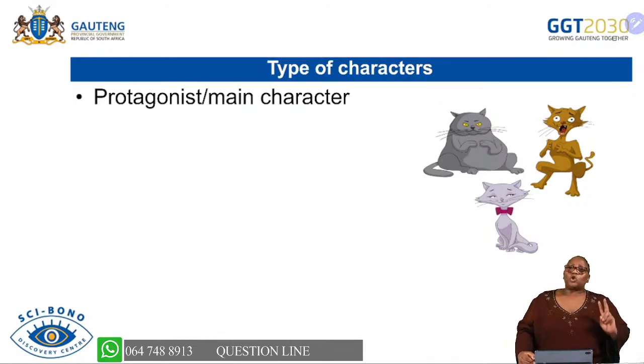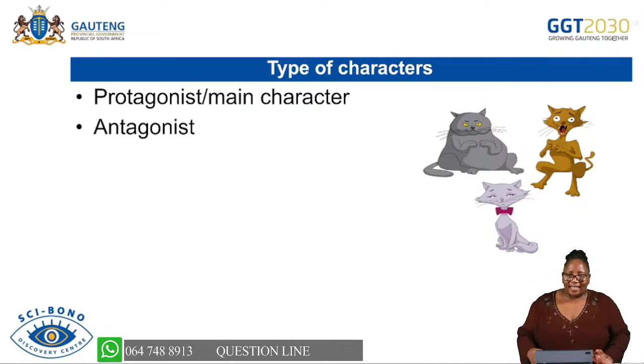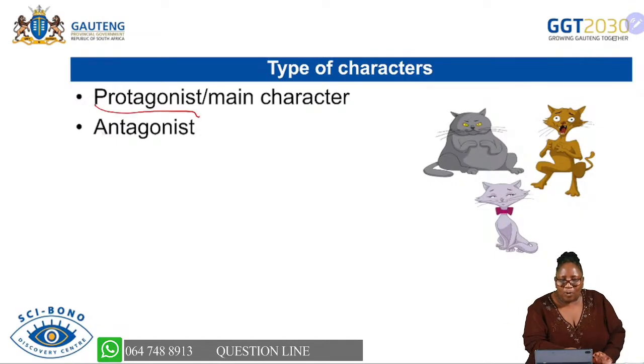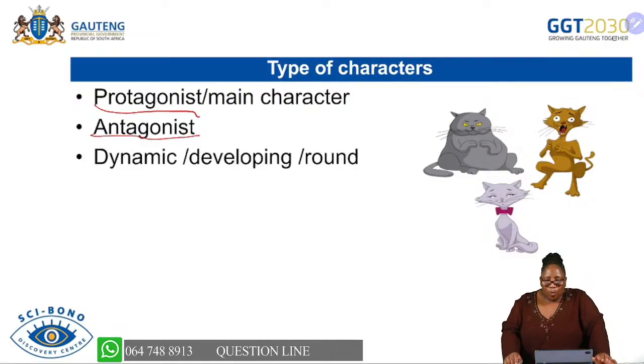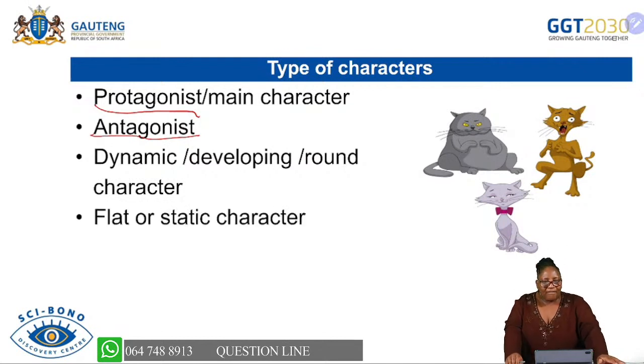We have two types of characters. We have a protagonist, which is the main character. We have the antagonist, which is an opponent. We have a character that is developing, that is round, and we have flat or static character.